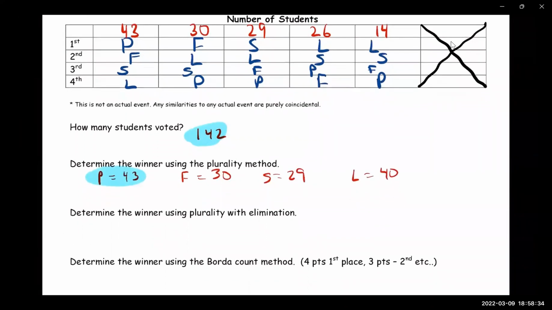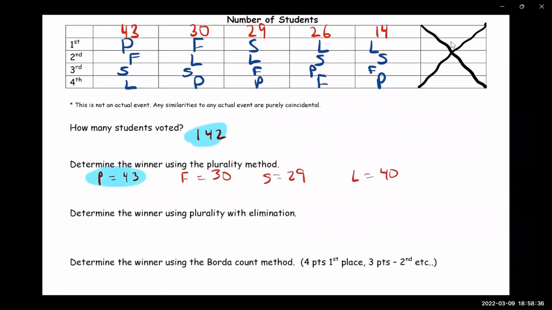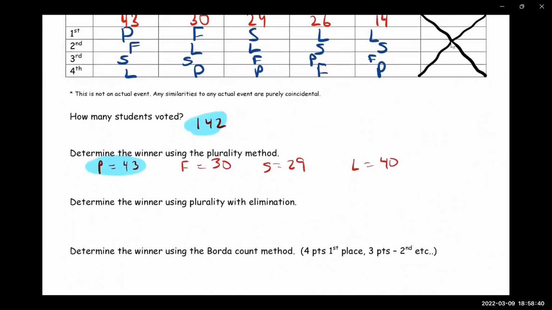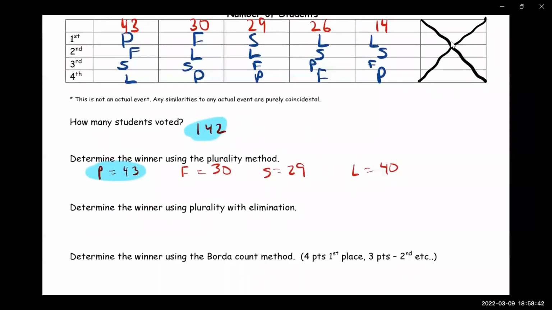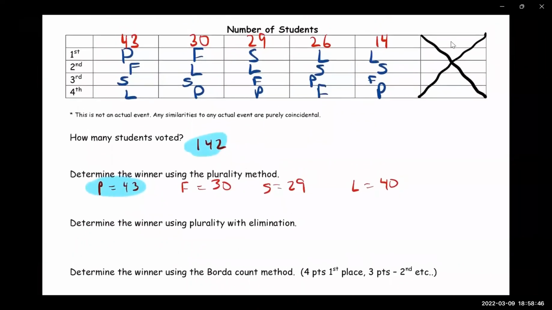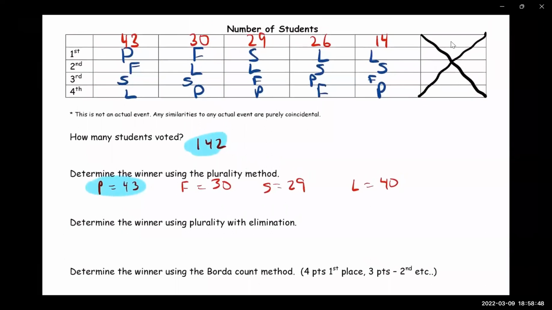Okay. With elimination, do we even need this one? With elimination, it was L. Okay, because which one would we eliminate? We eliminated S first, and then we bumped all the letters up appropriately.